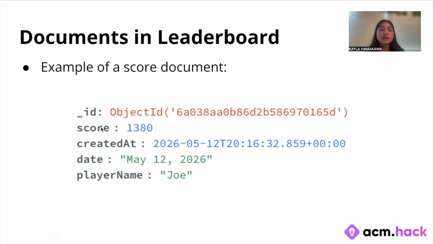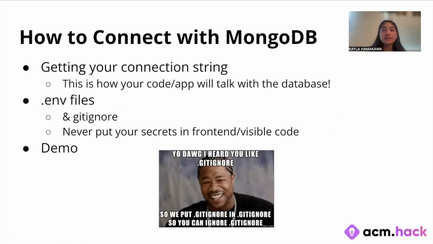And then we keep track of the score that was scored from the game. We keep track of when it was created. We keep track of the date because we want to display the date on the leaderboard as well. And then finally, we keep track of the player who scored this score. So, pretty self-explanatory.